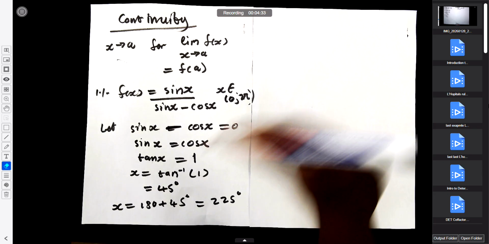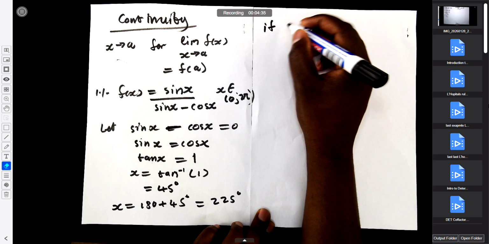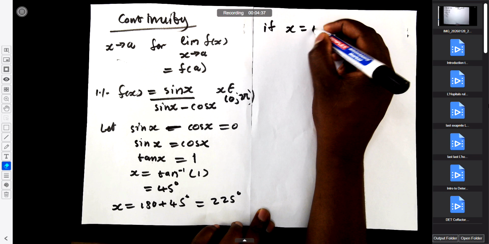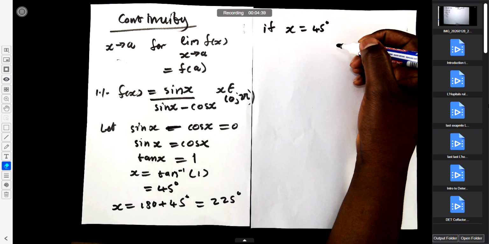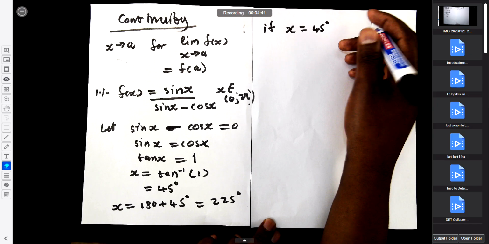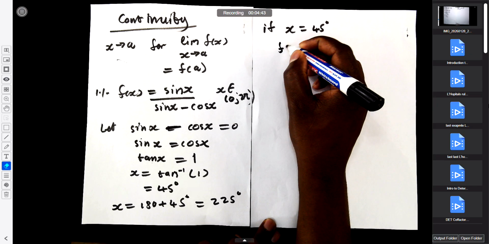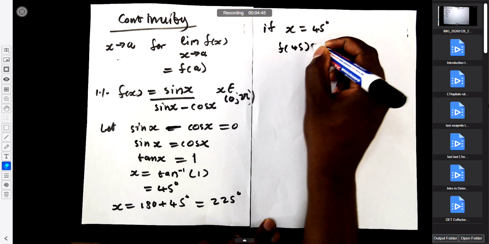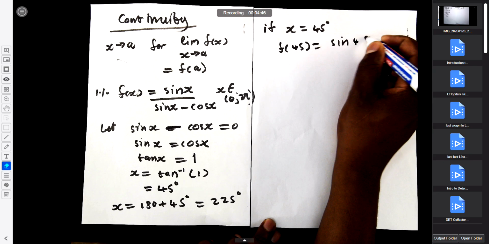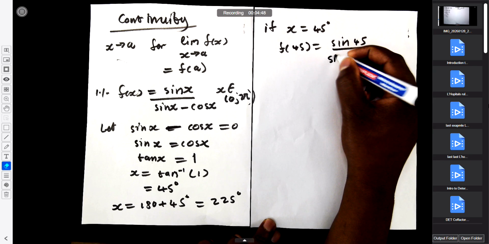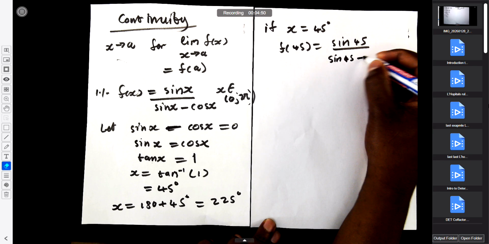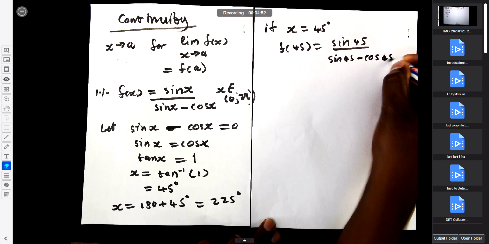So, for example, if x is equal to 45 degrees, then f of 45 equals sine 45 all divided by sine 45 minus cos 45.